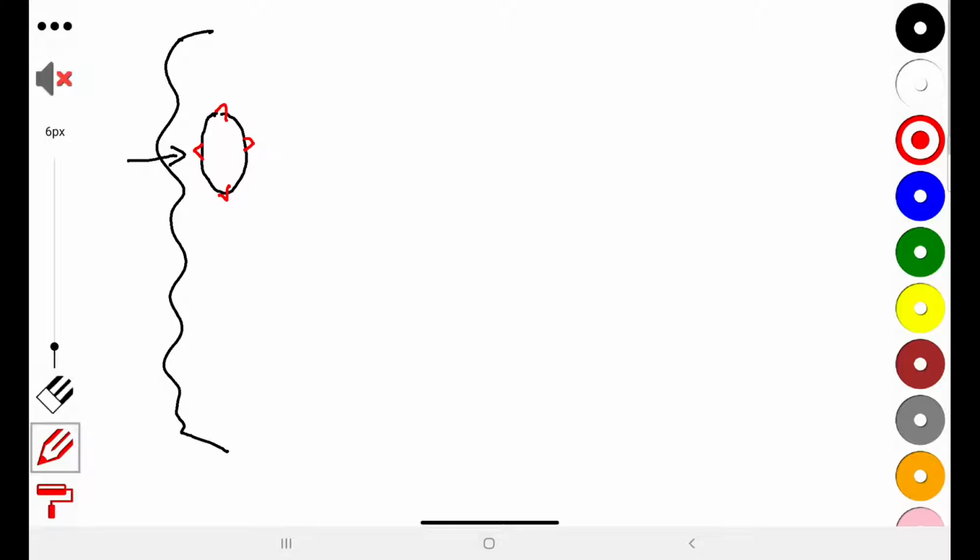And these surface antigens, or these surface proteins, are known as antigens. Okay? So this is a pathogen. And they've got a very distinct shape.